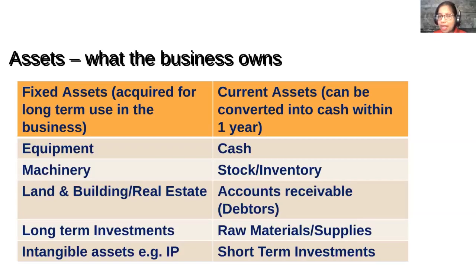So for example, if a business is selling cake, and a customer does not have all of the money to pay up front for the cake, and let's say the cake costs the customer $100, but the customer only pays $50, then accounts receivables would also be $50.